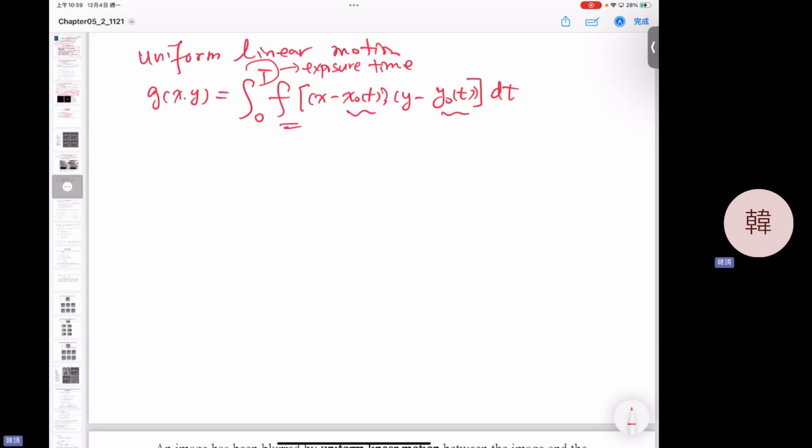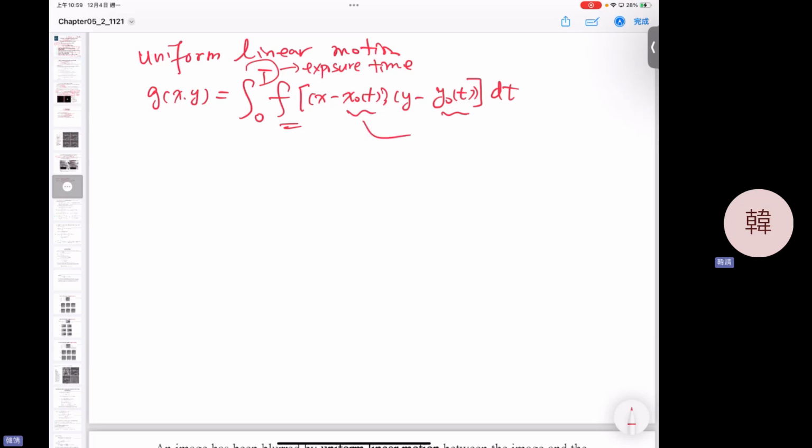If you only move your hand in the x direction and not in y, your degraded image should have horizontal blur. If you only move in the vertical direction, y0(t) occurs, and in the x direction there's no blur effect. So it depends on the direction.